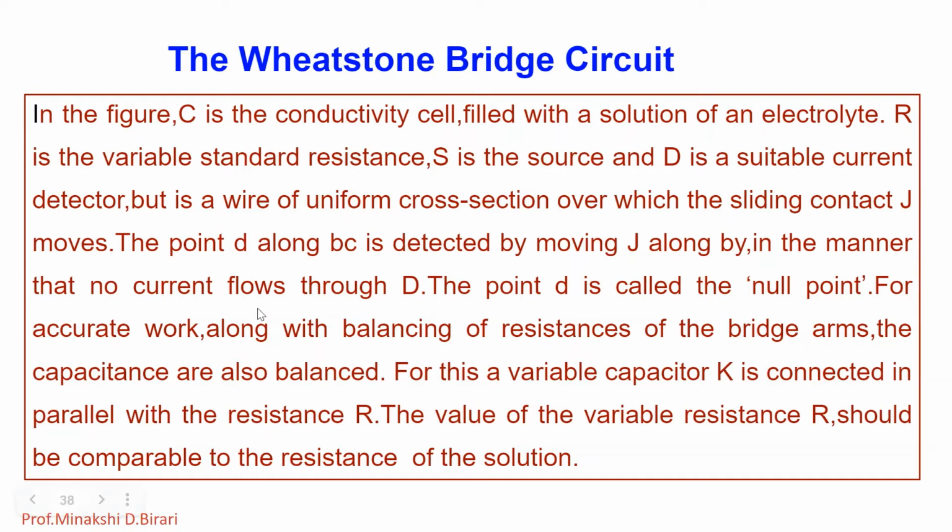It is detected when no current flows through D. Also the variable capacitor K is connected in parallel with the resistance R, so that the value of the variable resistance R should be comparable to the resistance of the solution. So it is the construction of the Wheatstone bridge circuit.